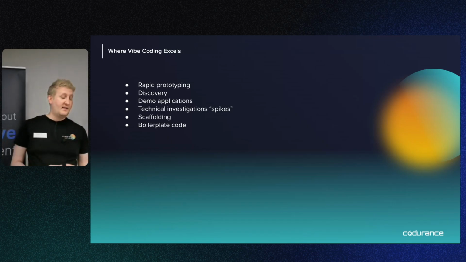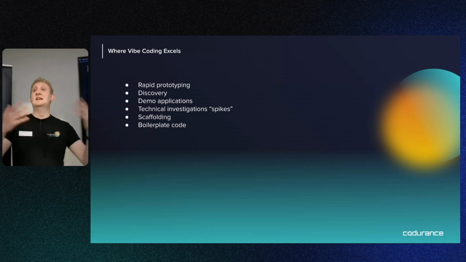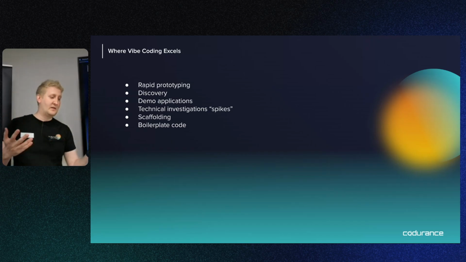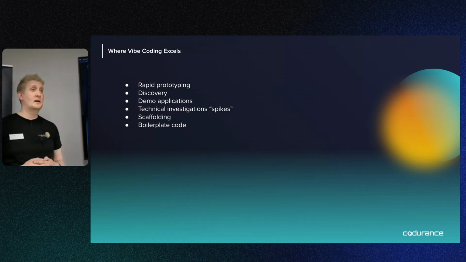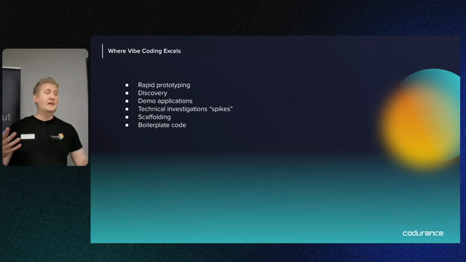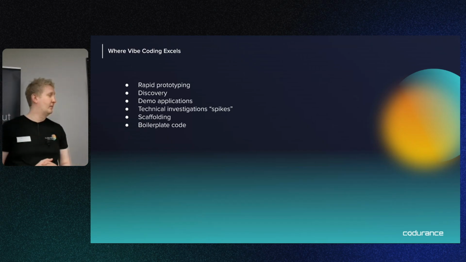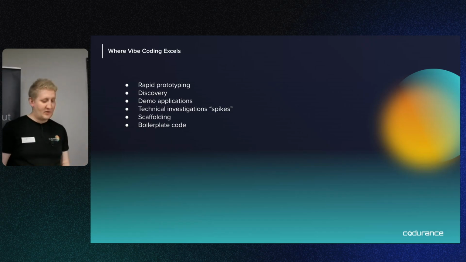Some of our colleagues who are non-technical or less technical have been able to build very quick applications to demo an idea, a showcase or a new feature. It's also good at discovery, technical spikes and investigations, scaffolding code around applications, and boilerplate code. Those are the situations where I think the vibe coding approach can work well.